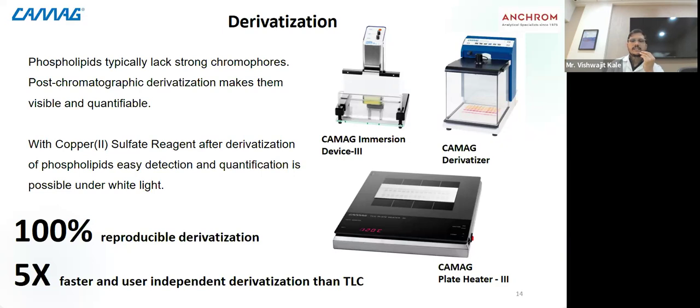The CAMAG plate heater provides uniform and homogeneous heat from the bottom of the plate and accurately forms the derivative on the plate in situ. So it increases reproducibility during derivatization, plate to plate, lab to lab, analyst to analyst, and it is 5 times faster than other conventional derivatization techniques like manual spraying and manual dipping. And unlike TLC, it does not depend upon the user. It is user-independent derivatization.